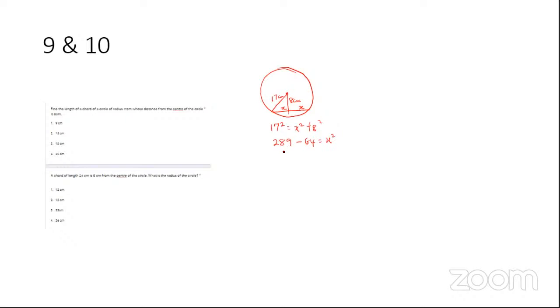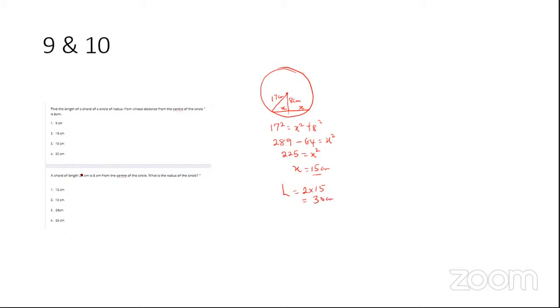So we have 225 equals x squared, so x is equal to 15. So the length of our chord is 2 times x, that's 2 times 15. So the answer is 30 centimeters.